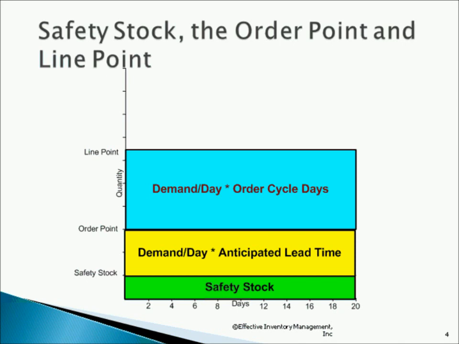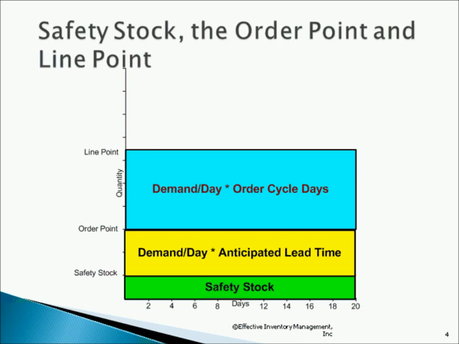If you, for example, were selling 2 pieces of an item every day, and the anticipated lead time was 7 days, meaning it took you 7 days to get a replenishment shipment of the product in from the vendor. Well, 2 pieces times 7 days is 14 pieces.